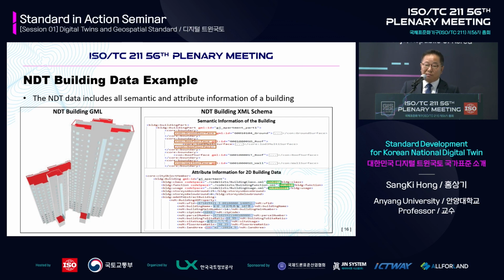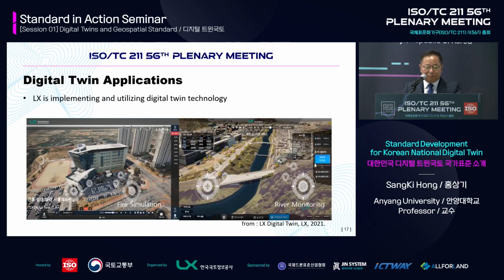This is one of the examples of the National Digital Twin building data. It has all these schemas and covers 2D and 3D data very efficiently. And this will be explained further in another presentation in this session. So I'll just show some of the outcomes of the building model.